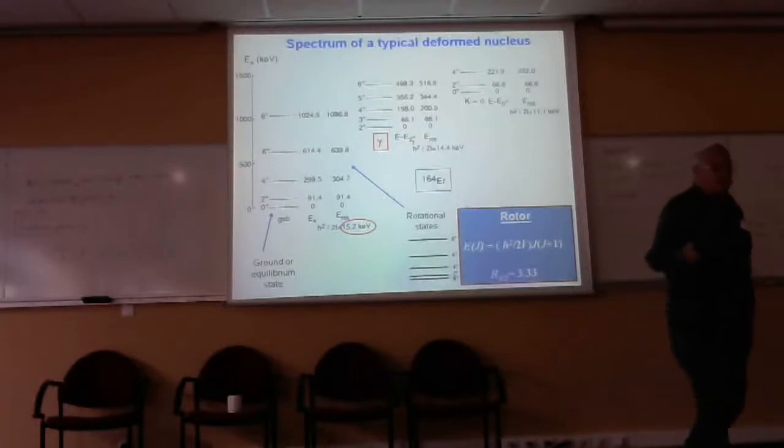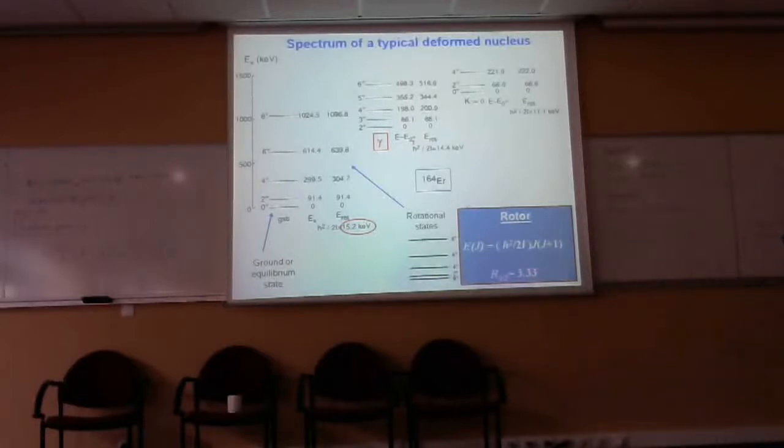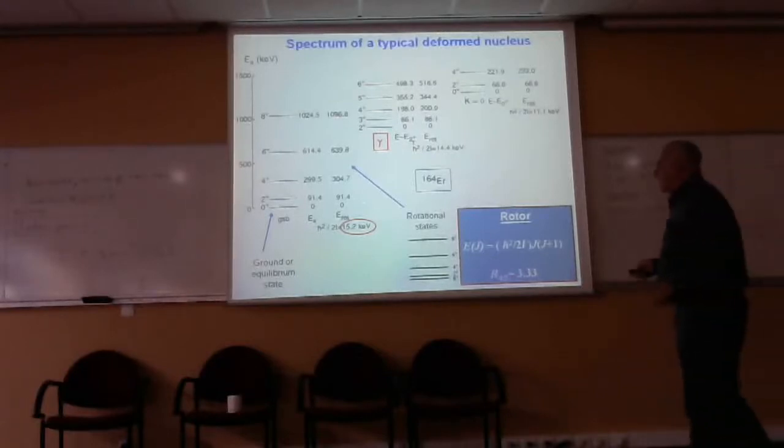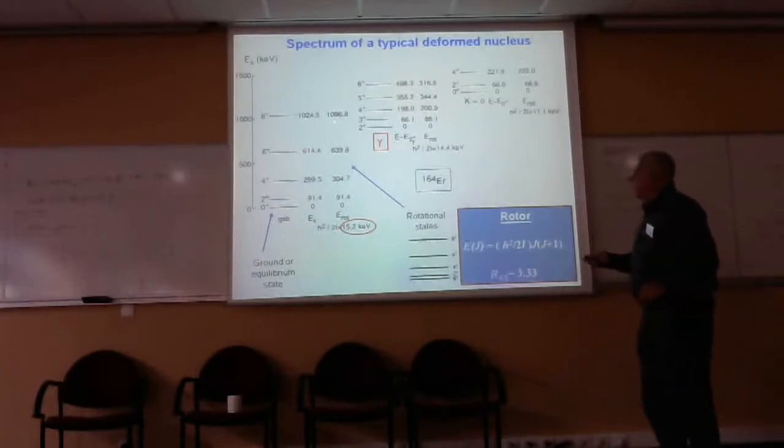Remember somebody, Justin, was asking, can you predict h bar omega? It's the same thing here. In a collective model, you can't predict what h bar squared over 2I is going to be. You have to feed the model some information. So here I feed it some information by normalizing this, and then I predict these states.